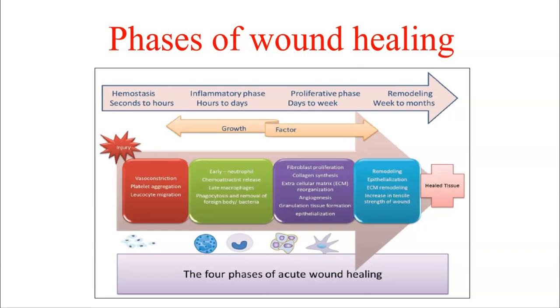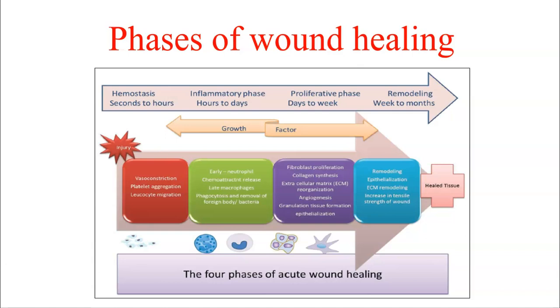It overlaps with the inflammatory phase and typically lasts from day 3 to around 2 weeks post injury. Fibroblasts start producing collagen and other extracellular matrix components which strengthen the wound. New blood vessels form through angiogenesis, providing oxygen and nutrients to support tissue growth.